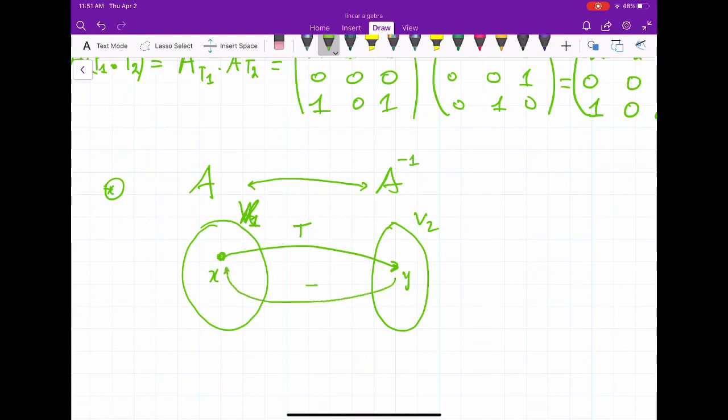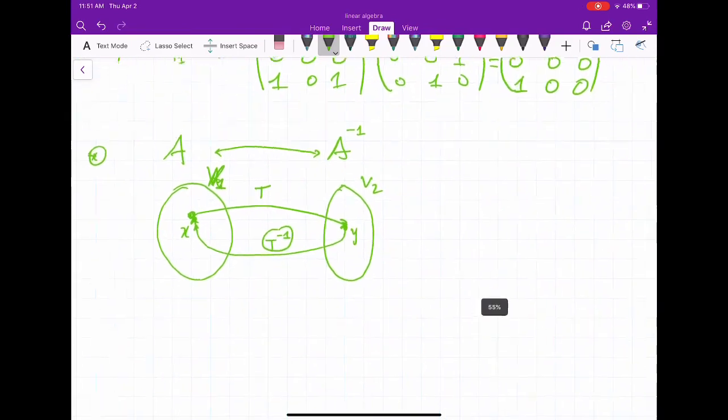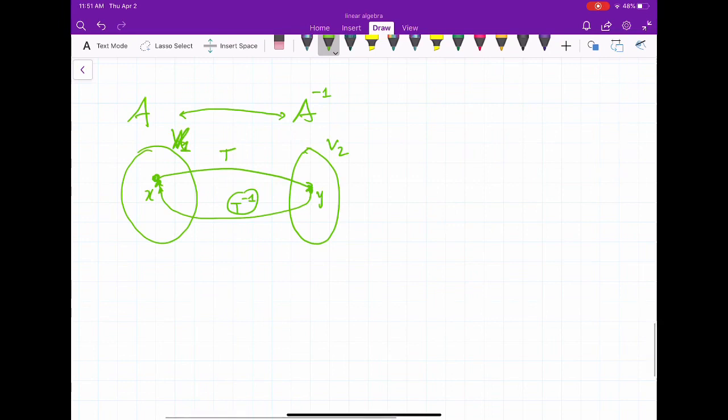And if that guy will send this y back to the x for any x and y, so T to negative 1 is said to be the inverse of T. Make sense? You know, this situation is very similar to functions. There's nothing special. Agree?